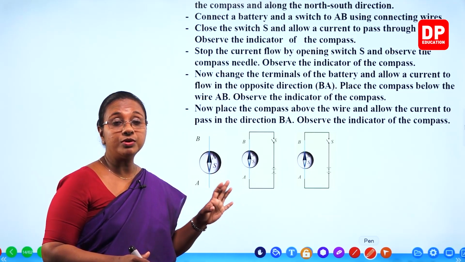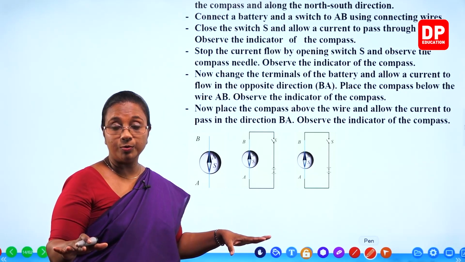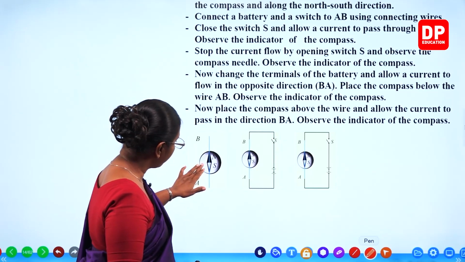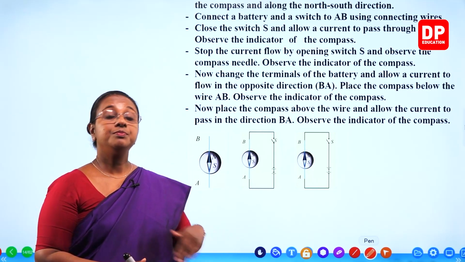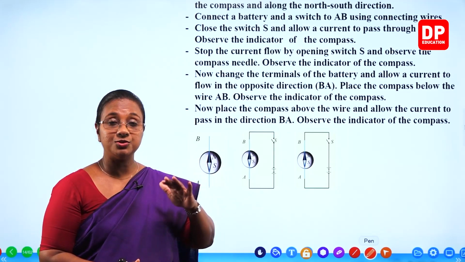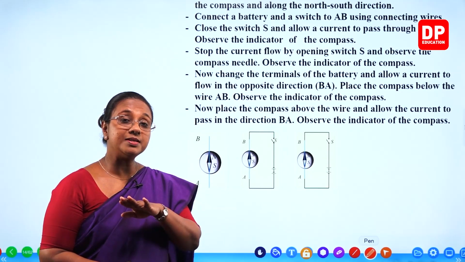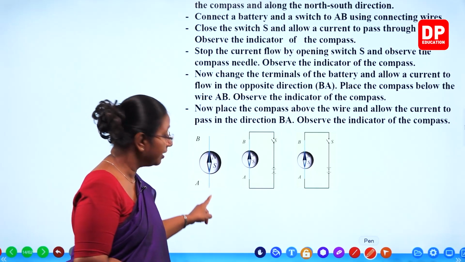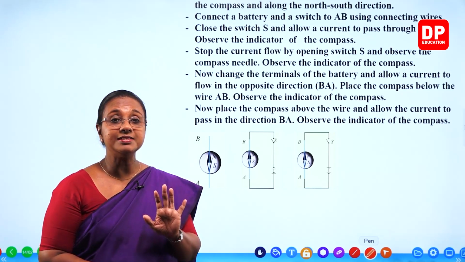But if you do connect it to a board, a wooden board maybe, you have to make sure that you can place the compass below it. Anyway we can hold it above it, but we should be able to have the compass below it as well, without the compass touching the conductor. That is important.